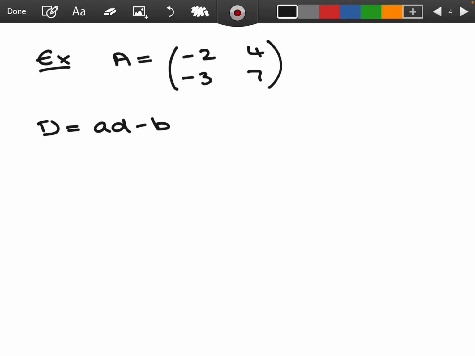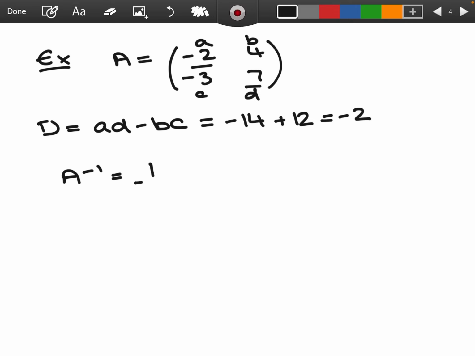First, we find the determinant value, AD minus BC. That is -2 multiplied by 7, which gives me -14. Then B times C would be -12, but we're subtracting it, so it's plus 12, and that gives me -2. So my determinant value is -2.